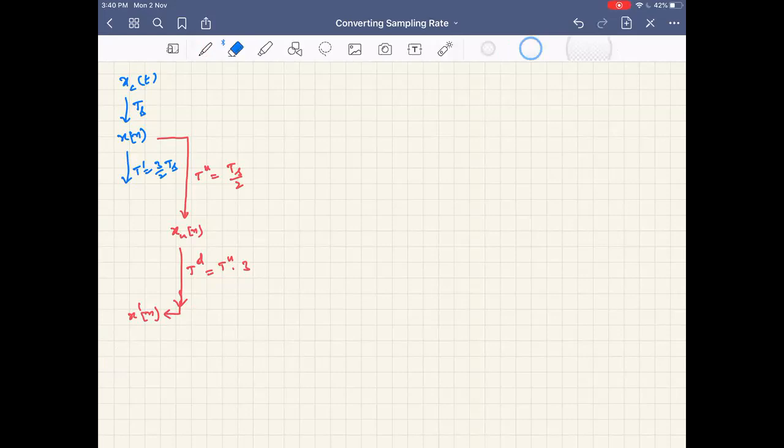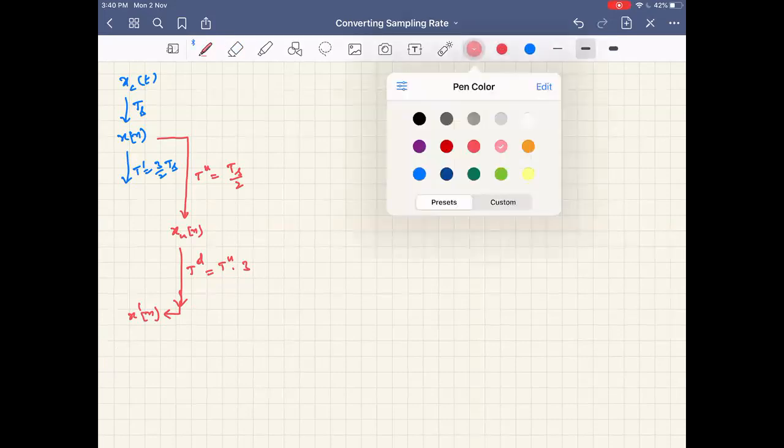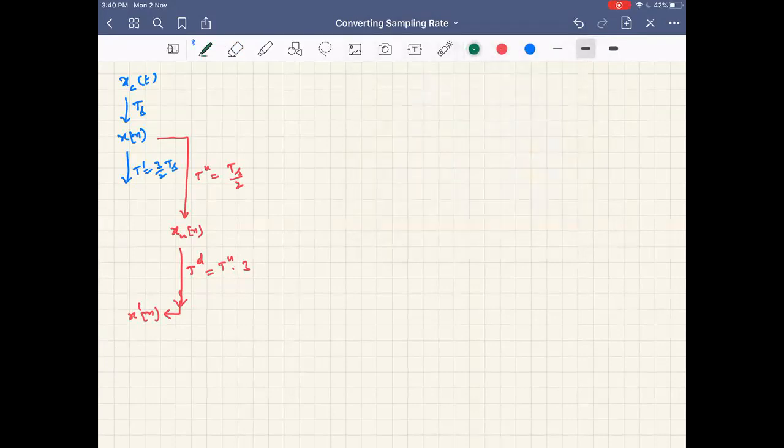So now let us sketch the spectrums. Let us not bother about Xc(j omega), which you have anyway. Assume that you have got it through the sampling flow. So with Fs, you have X(e^j omega).